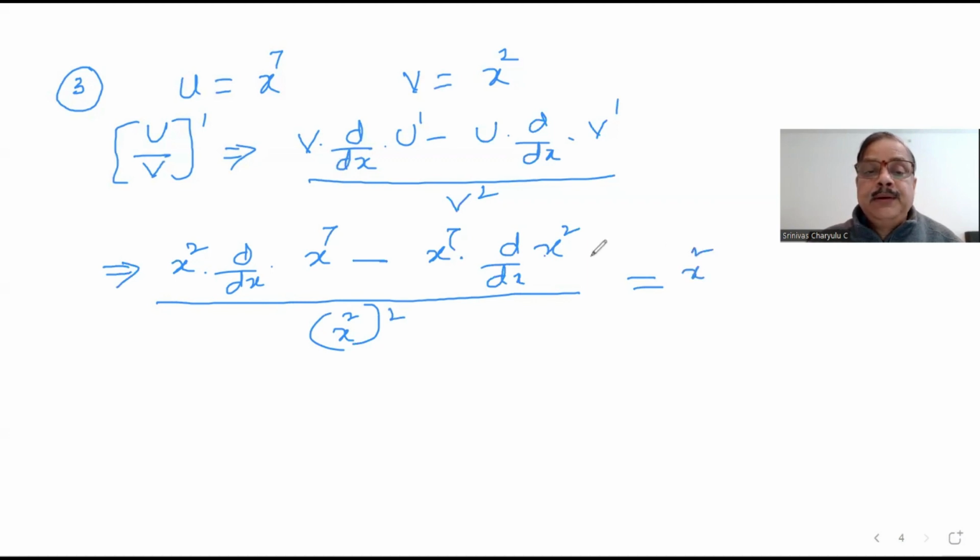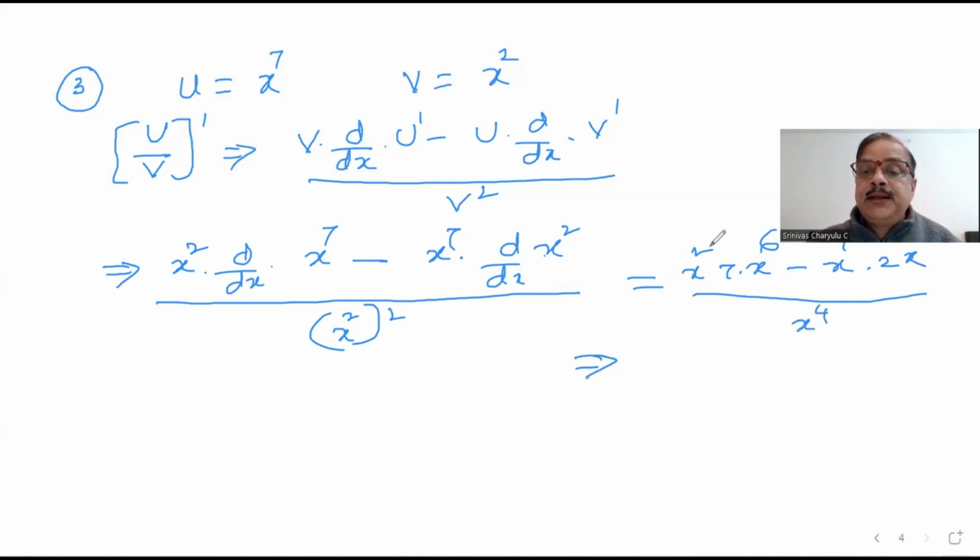Now we'll simplify. d by dx of x7 is nothing but 7 into x to the power of 6, minus d by dx of x square, which is nothing but 2x, divided by x to the power of 4.